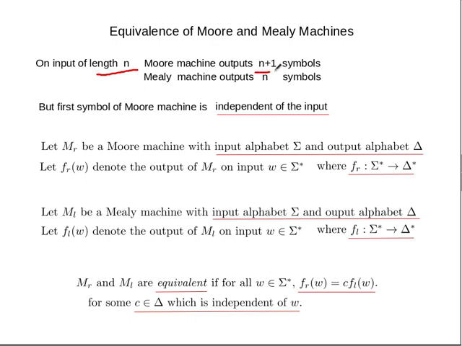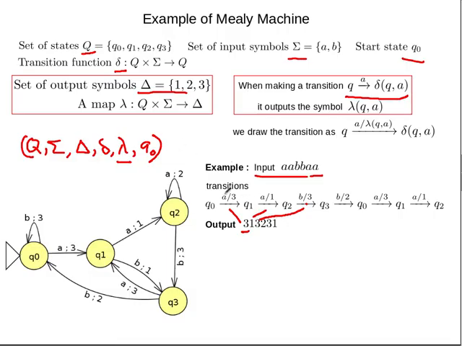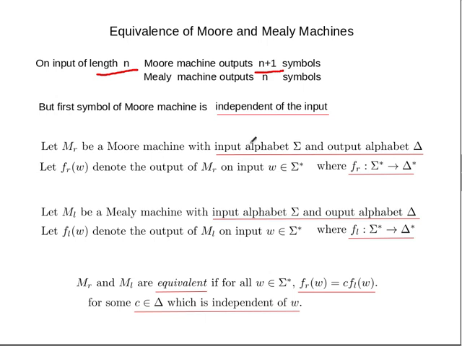But if you consider a Mealy machine, since we are emitting the outputs during transitions, if you have n input symbols, you have n transitions, and accordingly just n output symbols. So how can the two outputs ever be the same? They will always be different. So how can we talk about equivalence?